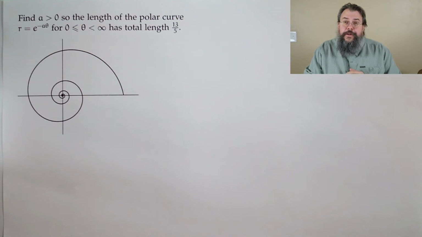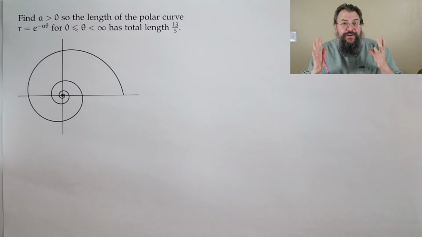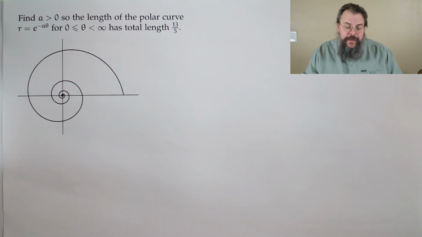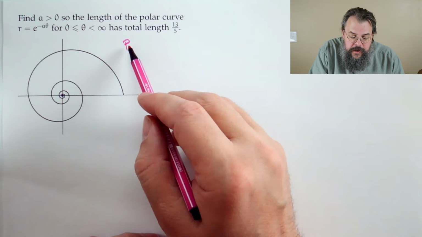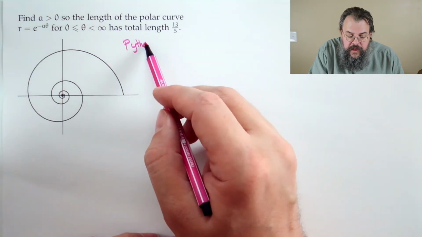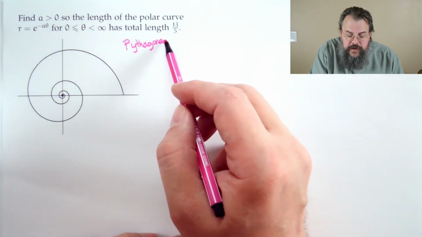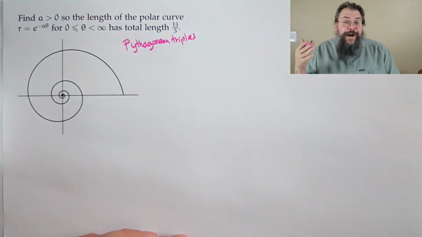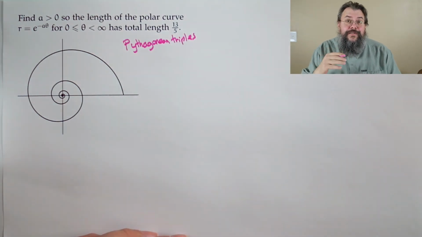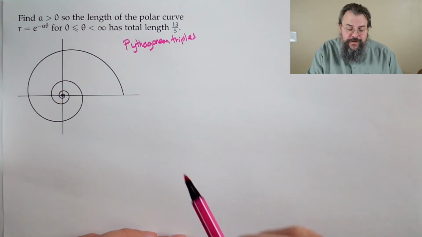And the other thing you might notice, 13/5 is not just a random number. You'll see there's certain numbers that show up very frequently in math. And that's because you have what are called the Pythagorean triples. Certain numbers show up a little bit more often, especially anything that might involve a square root, and distance at its heart is a square root.